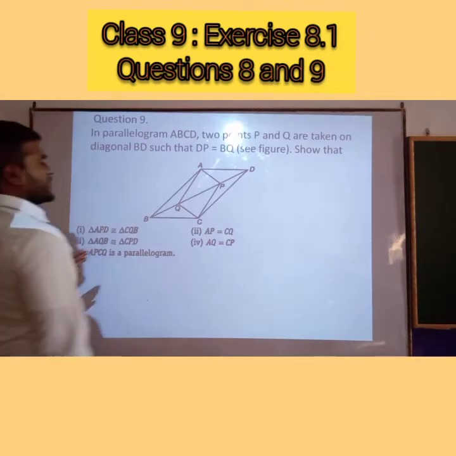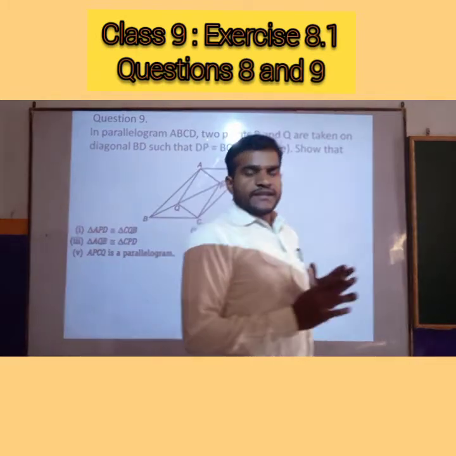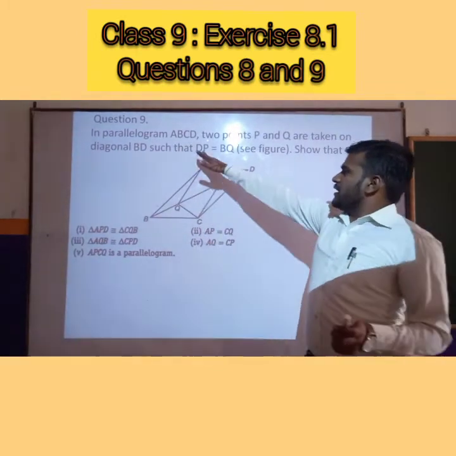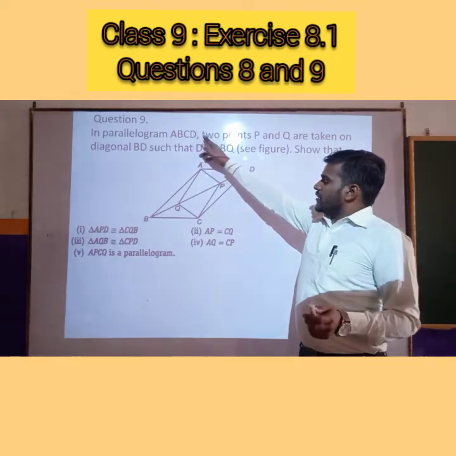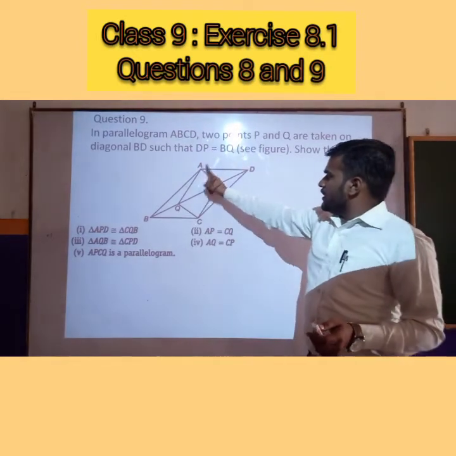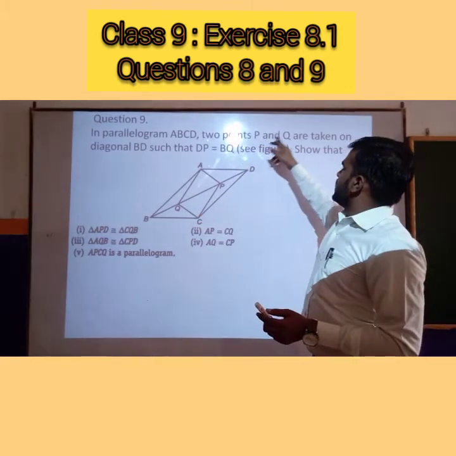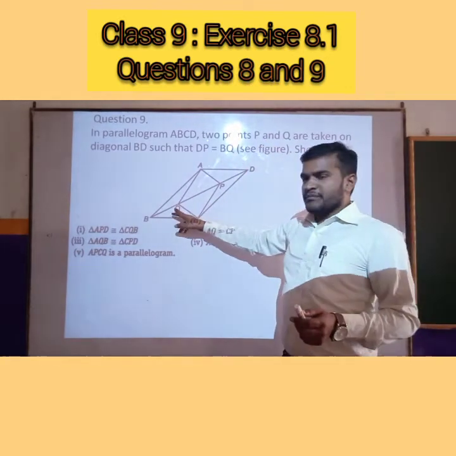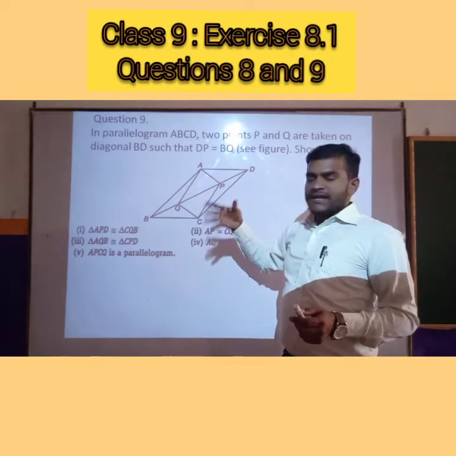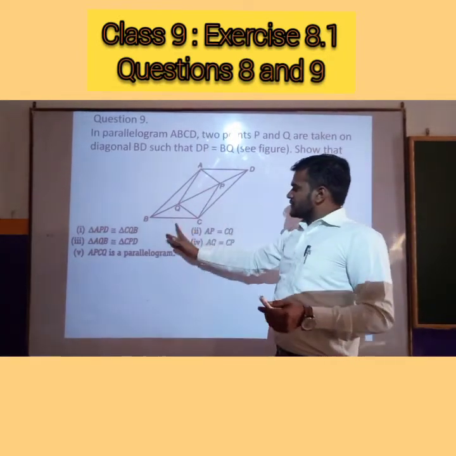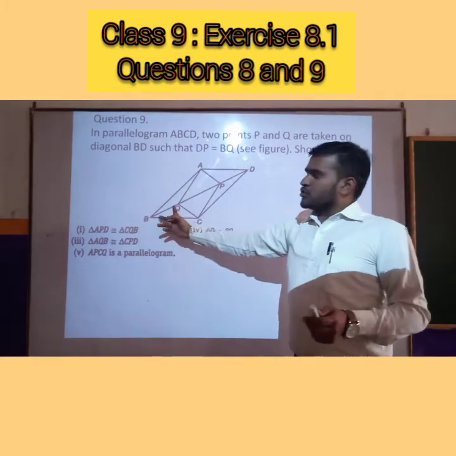Students, in question number 9, it is given that ABCD is a parallelogram. Two points P and Q are taken on diagonal BD such that DP is equal to BQ.